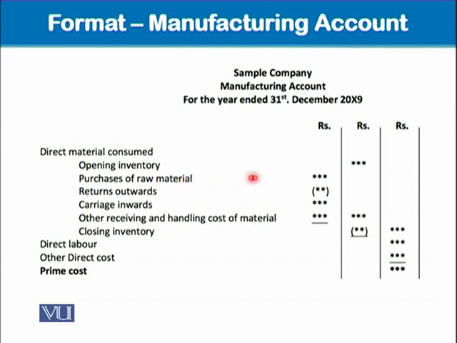Purchase of raw material will be adjusted with raw material return, meaning returns outward or purchases return figure, which will be subtracted.